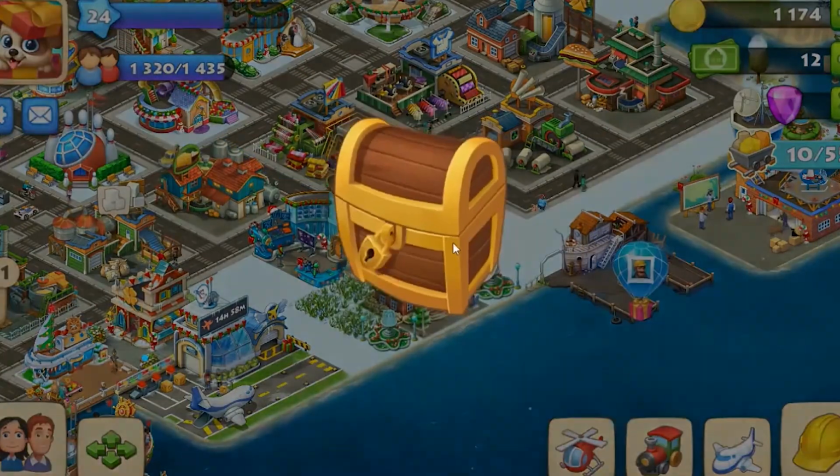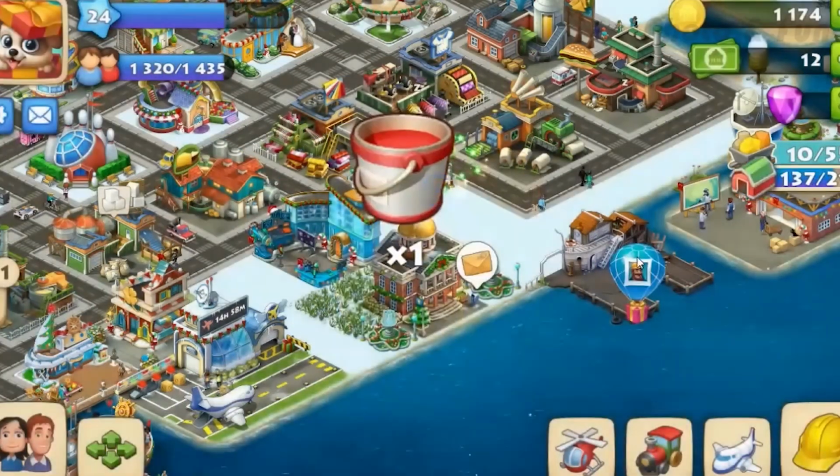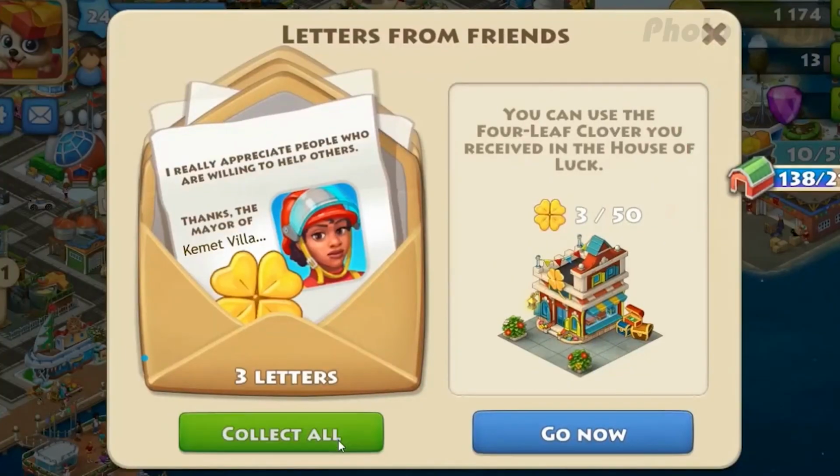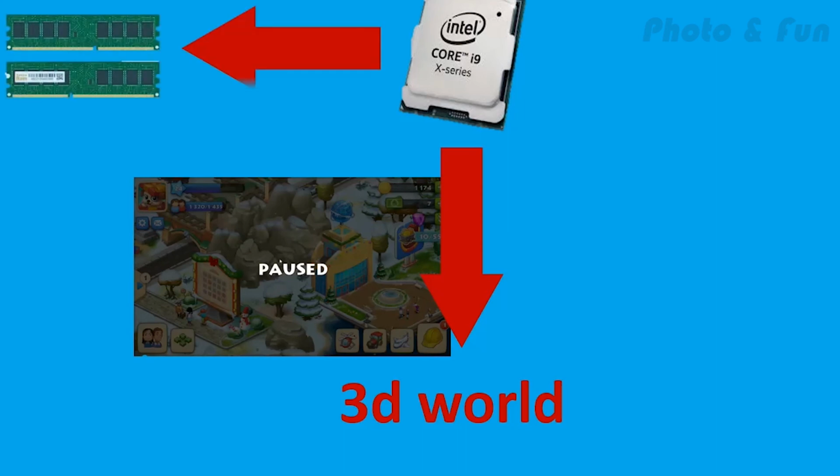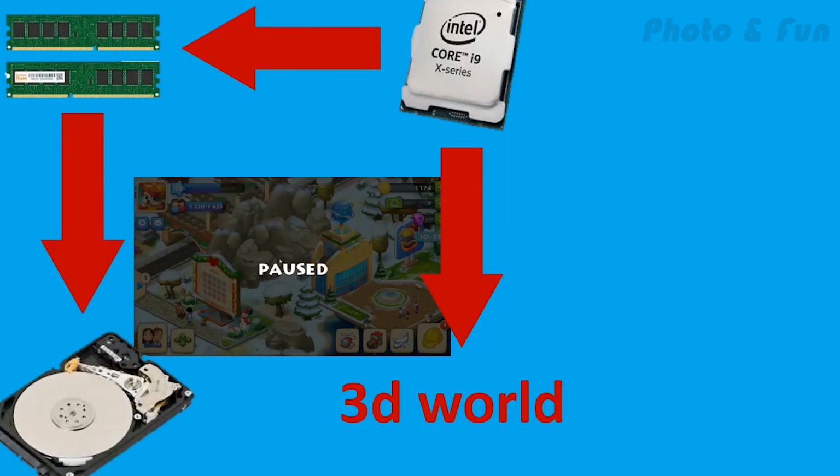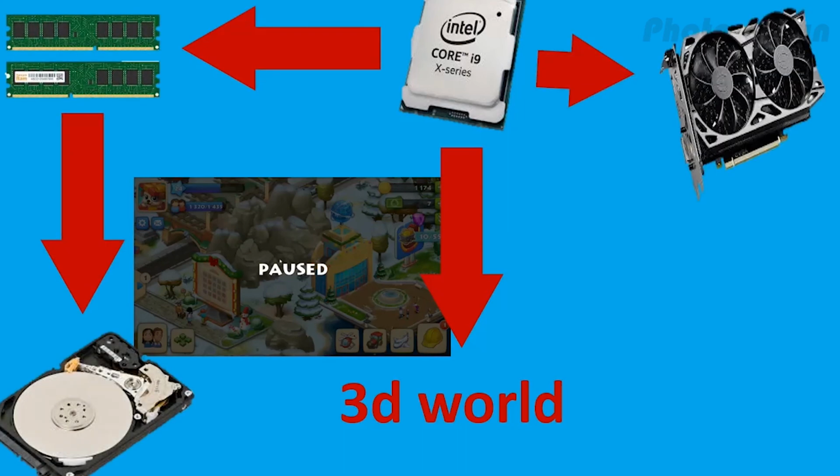It knows where the stuff is and does something with what's been stored in your RAM out of your hard drive, but it's the graphics card that figures out what it's supposed to look like, based on where you are standing in the world.